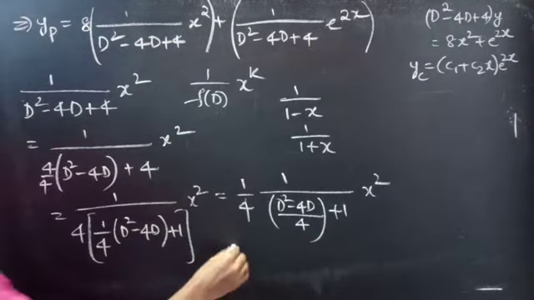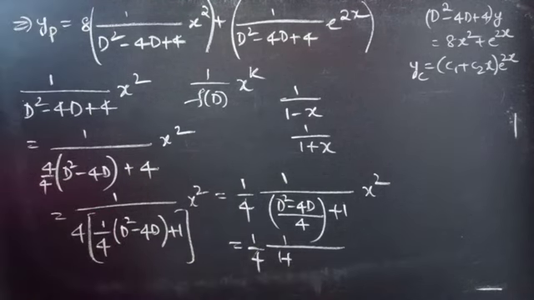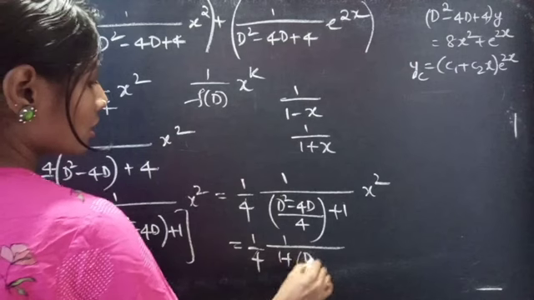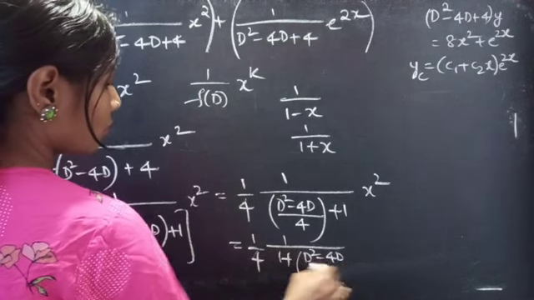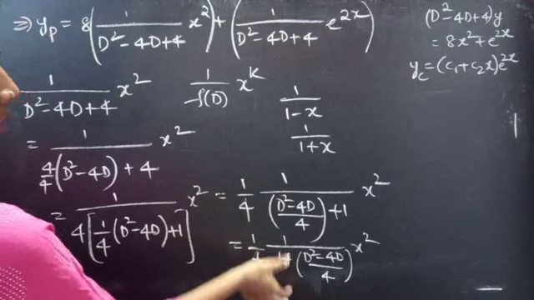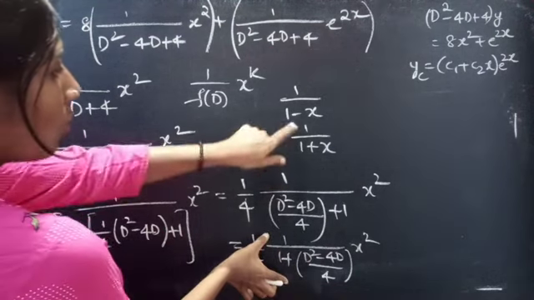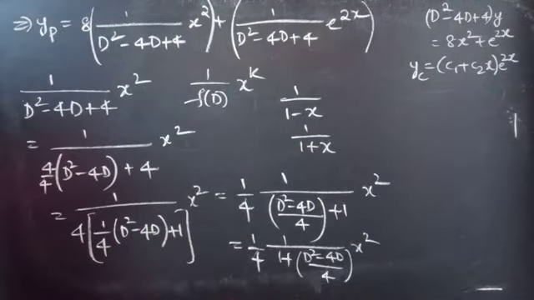Again, you can write this as 1 by 4 into 1 by 1 plus d square minus 4d by 4 into x square. See, we got 1 by 1 plus d square minus 4d by 4, which is of 1 by 1 plus x form. Right?